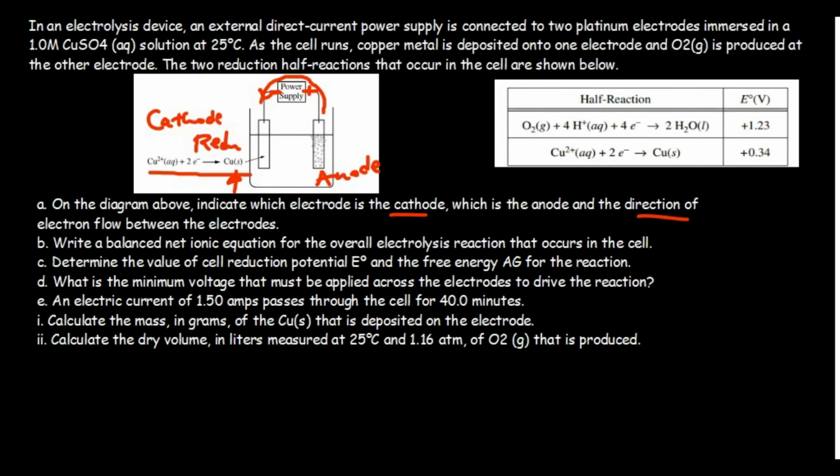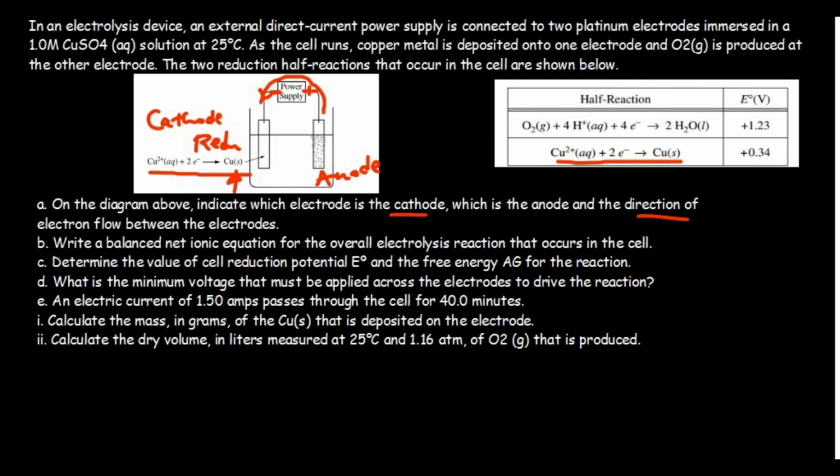One step you can take to answer that question is to reverse the oxidation reaction. According to the question, we've already been given the reduction reaction, and because copper is being deposited, it remains as it is. The other one is supposed to be reversed since it is the oxidation reaction.